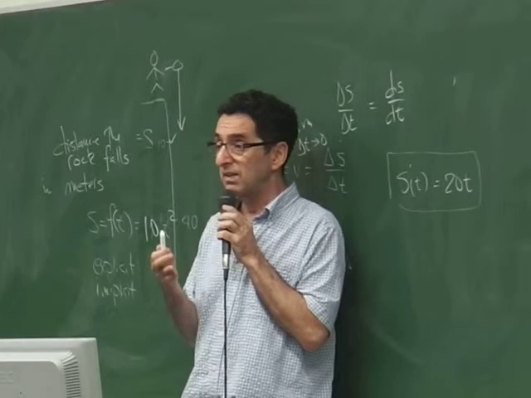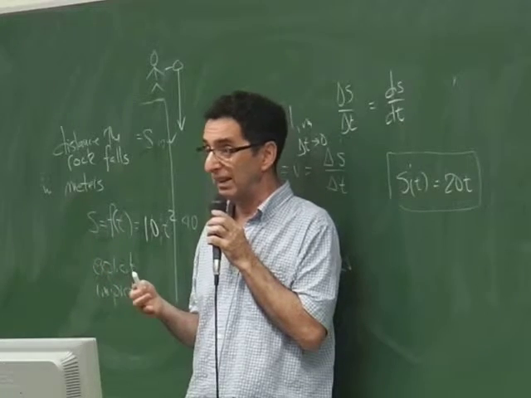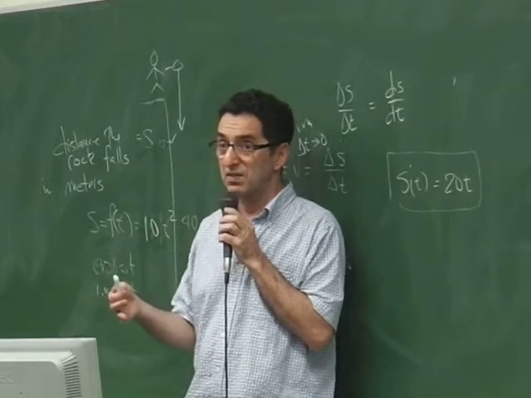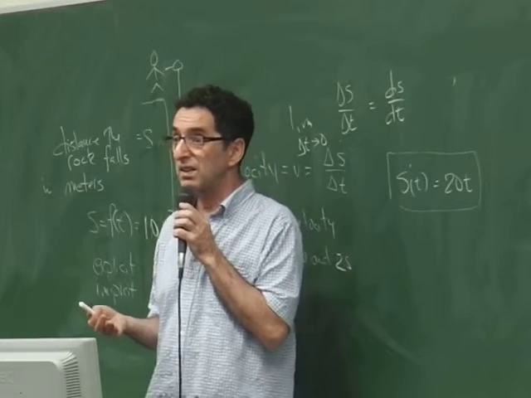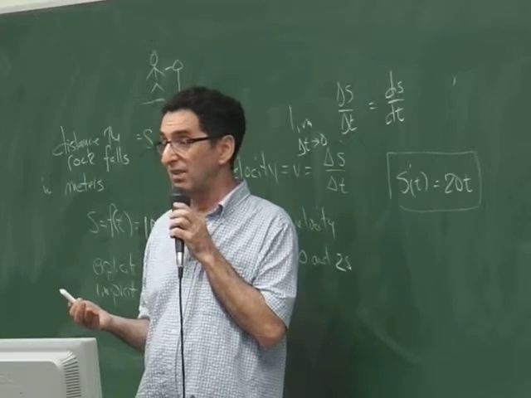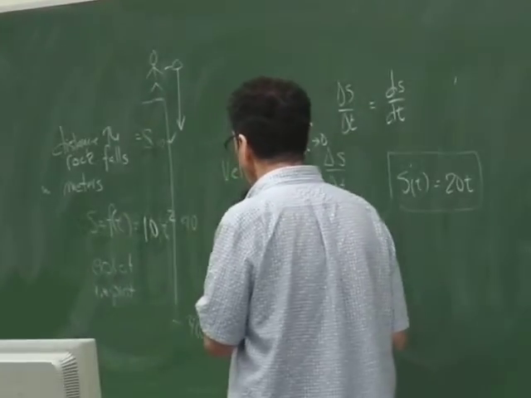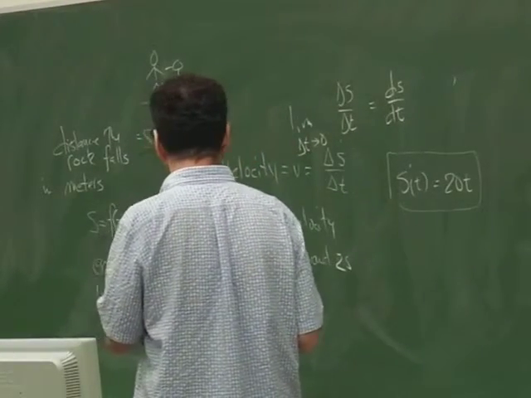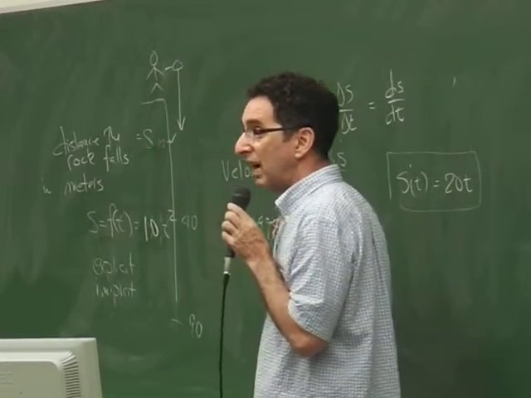So what do we say when something's increasing its velocity? We say it's accelerating. And if it's decreasing its velocity, what do we say? It's decelerating. Okay? So the change in the velocity is the acceleration. So what is the change in distance over time?